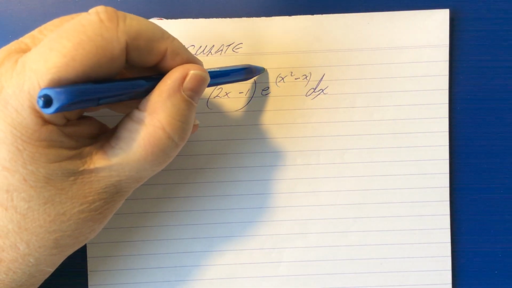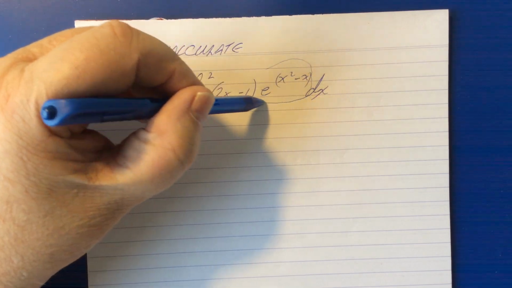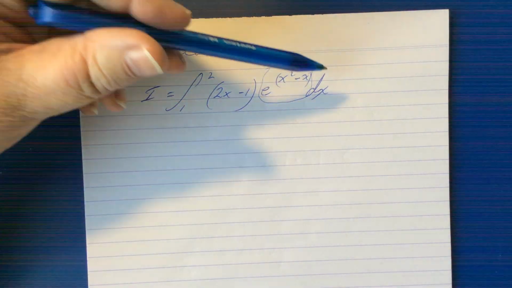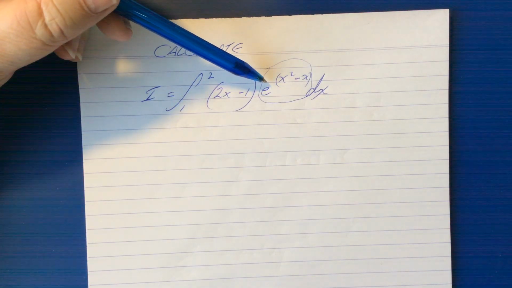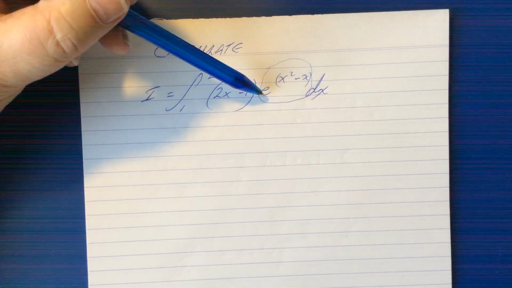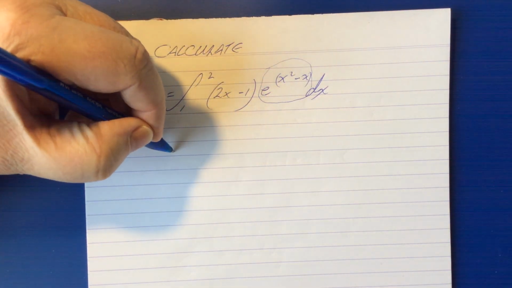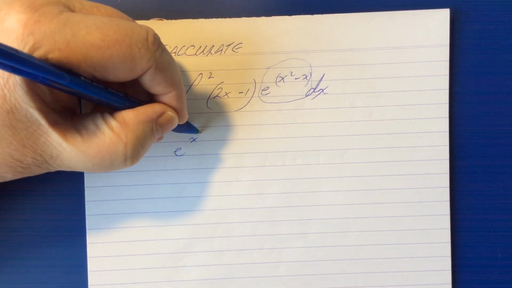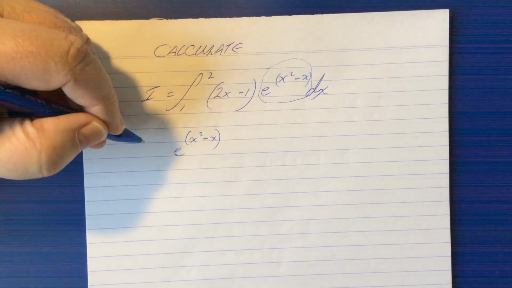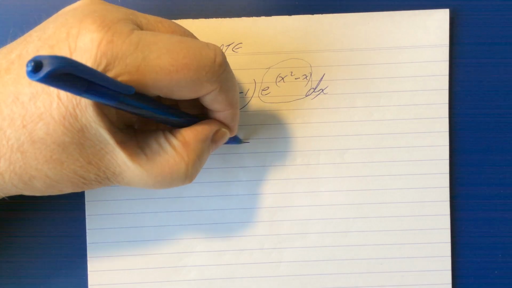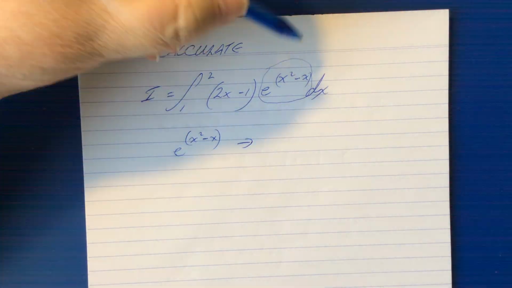If we look at this part of this integral, we see something interesting. Now, if I were to take this, e to the x squared minus x, and differentiate it, this is what I'd get.